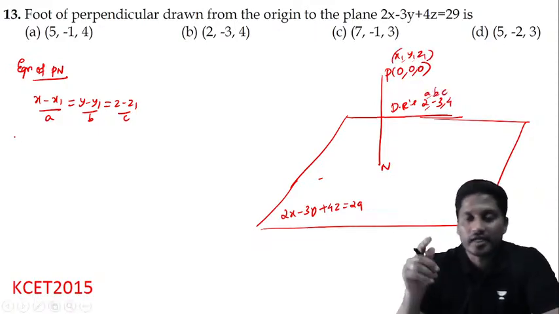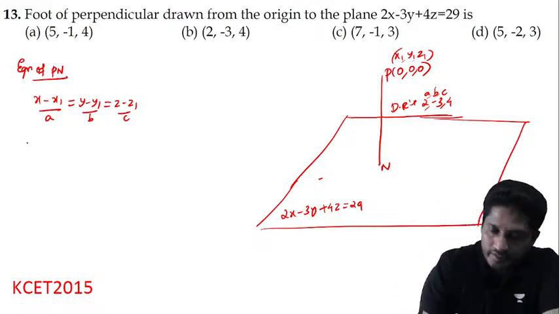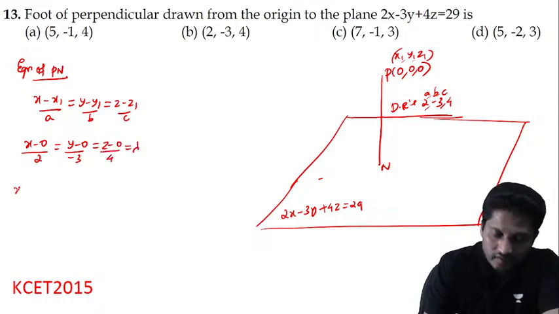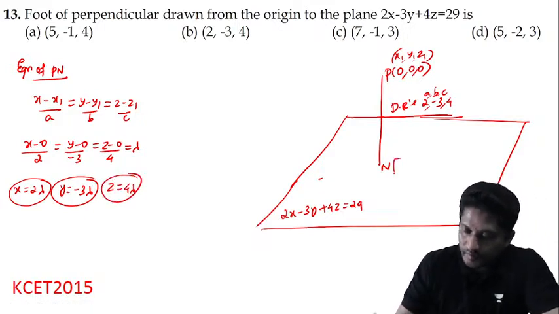Right, now equation of line PN will be x minus 0 divided by 2, y minus 0 divided by -3, and z minus 0 divided by 4. Let this be equal to lambda, some scalar. So x is equal to 2 lambda, y is equal to minus 3 lambda, z is equal to 4 lambda. Foot of the perpendicular will be 2 lambda, minus 3 lambda, 4 lambda.